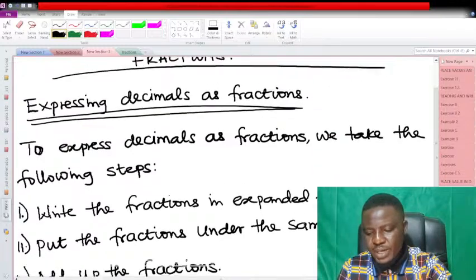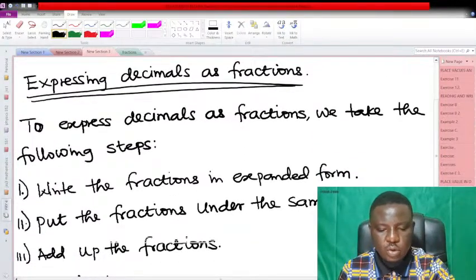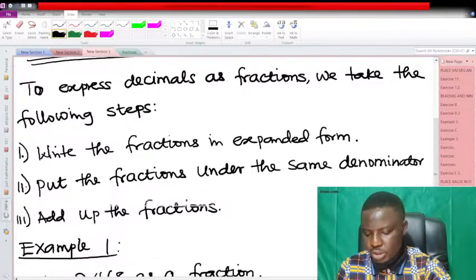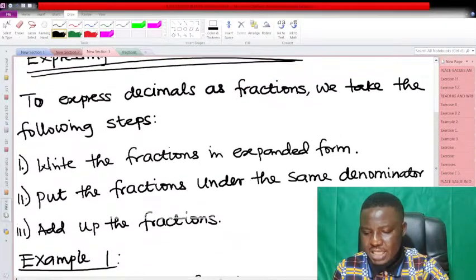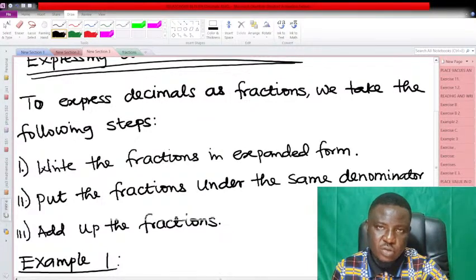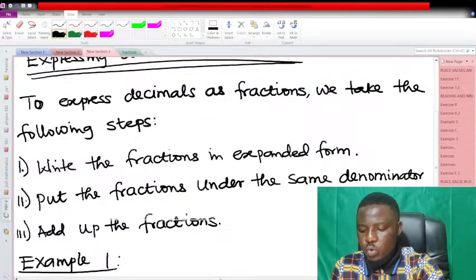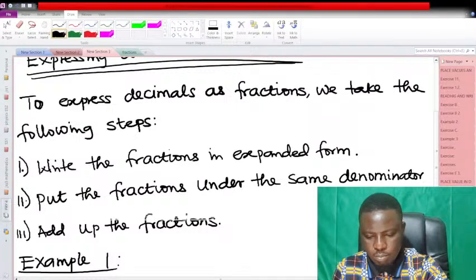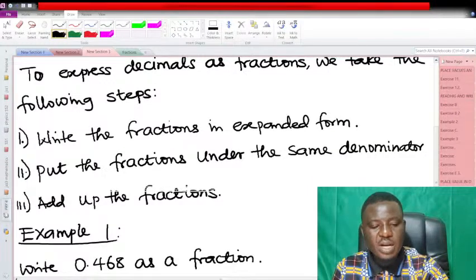Now, to express decimals as fractions, we take the following steps. These are the 3 steps you need to take in expressing decimals as fractions. 1, you write the fractions in expanded form. 2, you put the fractions under the same denominator. And 3, you add up the fractions.